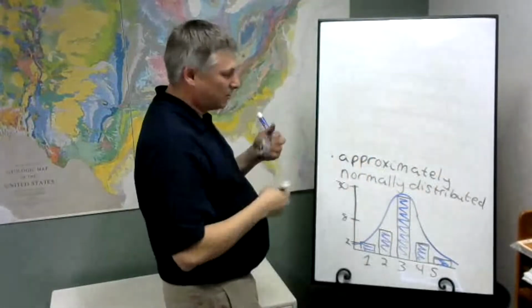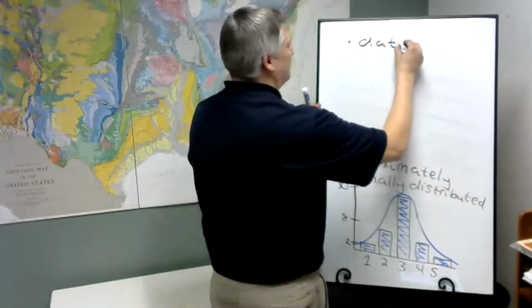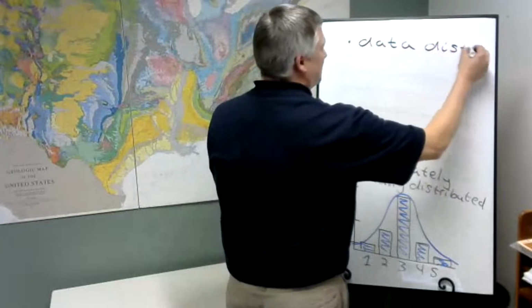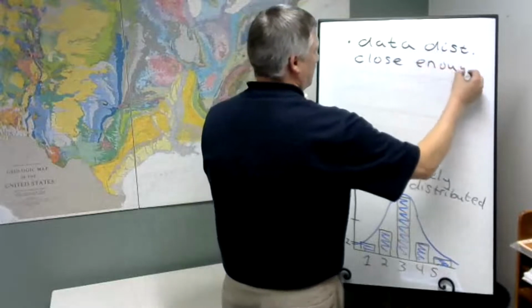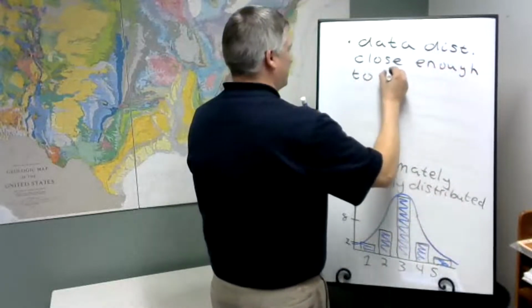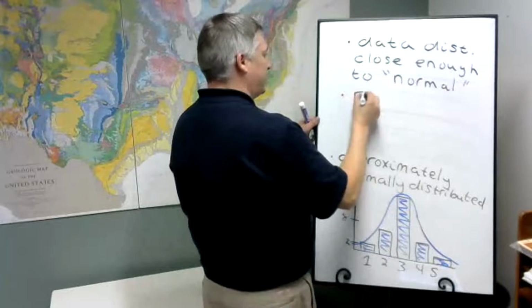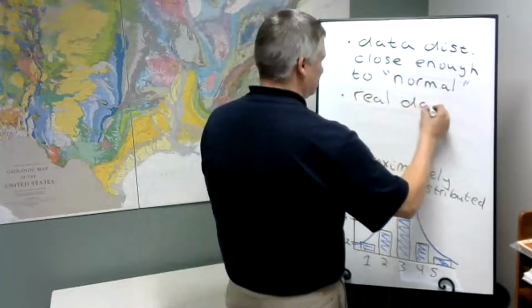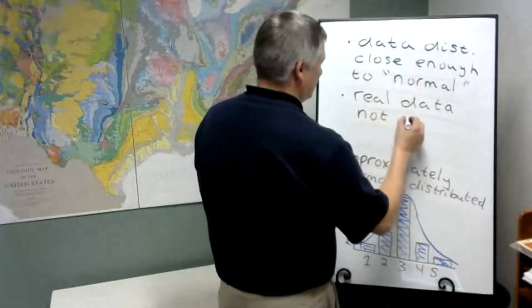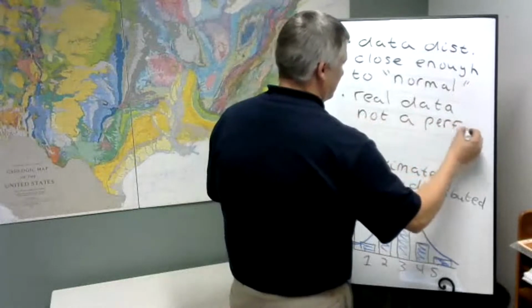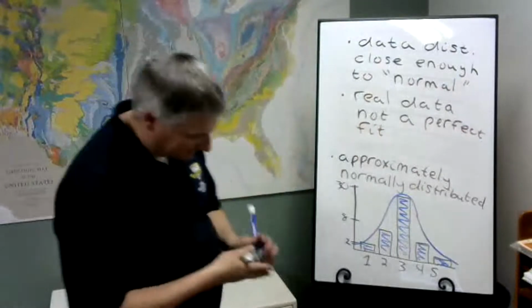So when we look at our normal distribution, is the data distribution close enough? Again, real data is not so perfect, but close enough.